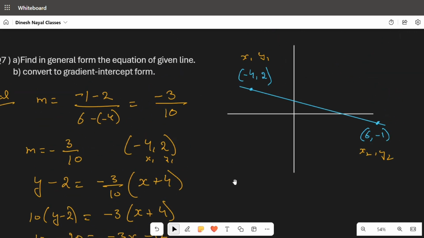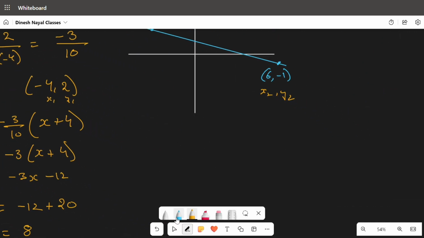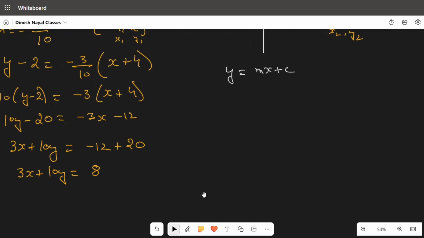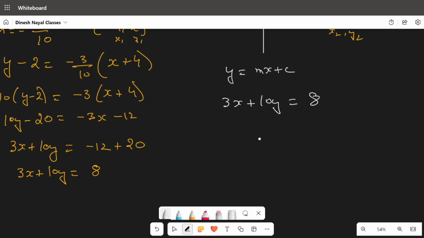Now convert to gradient intercept form. Gradient intercept form means this form, y equals mx plus c. So we'll take this equation, 3x plus 10y equals 8, and make y the subject of formula. So 10y equals 8 minus 3x, write minus 3x plus 8 first.